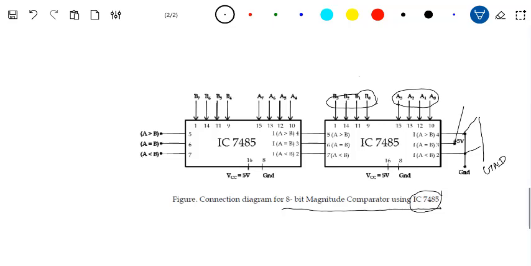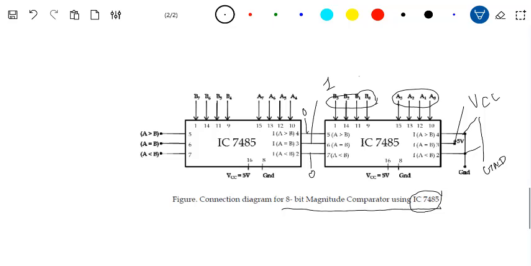Then equal to will be connected to VCC, right? The assumption is that now A0, A1, A2, A3 is equivalent to B0, B1, B2, B3. So compared with the same assumption, the new inputs are all 0 and these are all 0, then what will be the output?